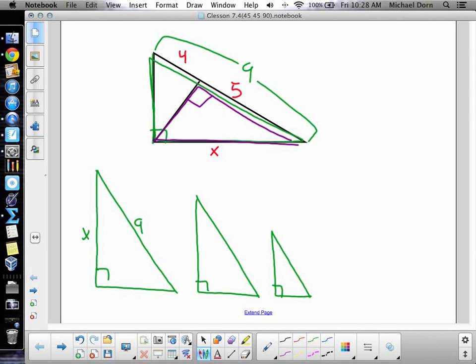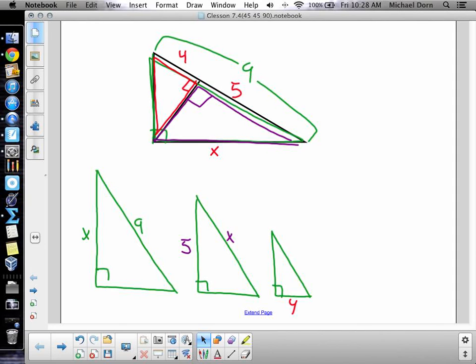The long leg is 5. The hypotenuse is x. In the small triangle over here, right angle here, the short leg is 4. The long leg I don't know. The hypotenuse I don't know.